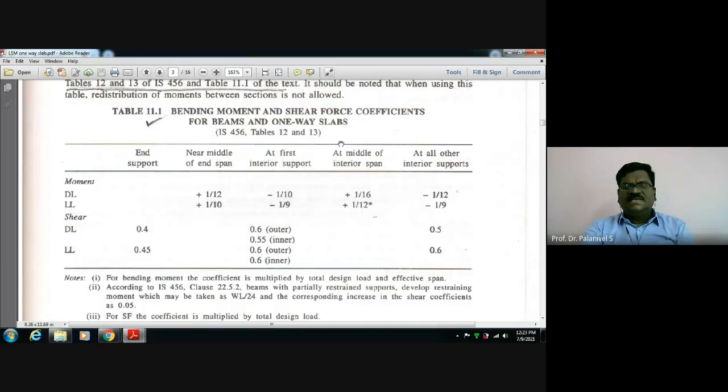If the one-way slab is spanning, all of you just imagine your classroom. In your classroom, there are beams spaced at some 3 meter spacing, normally 3 or 3.5 meters.